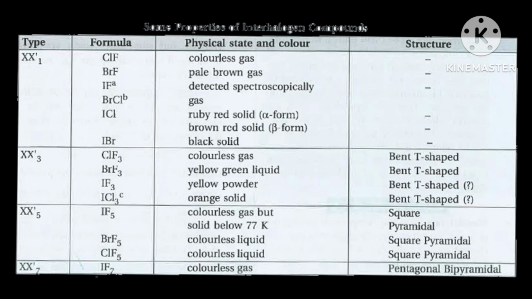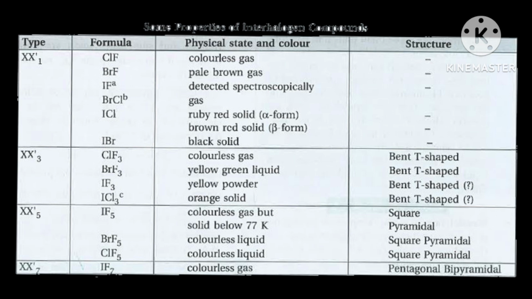That's why interhalogens are more reactive than halogens. Exception is fluorine, F-F, whose bond is very weak, weaker than in interhalogens. That's why it is an exception. F-F is more reactive than interhalogens.